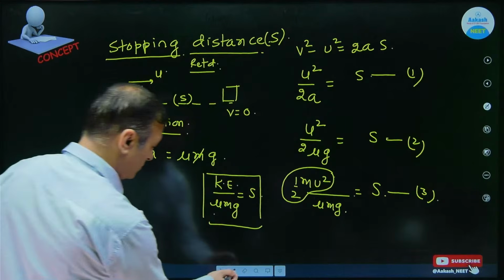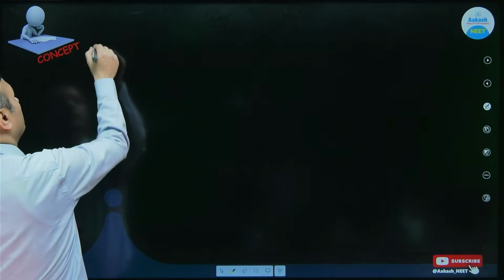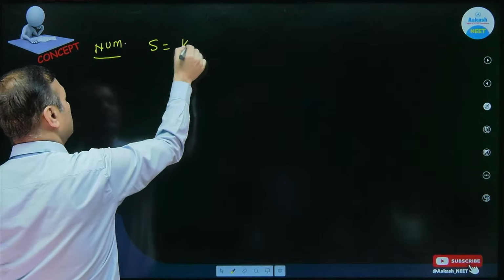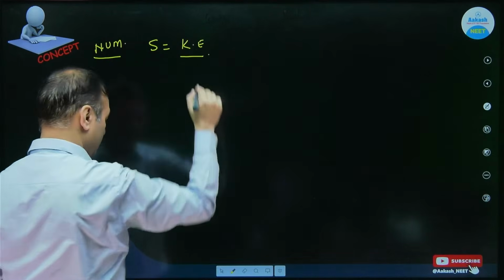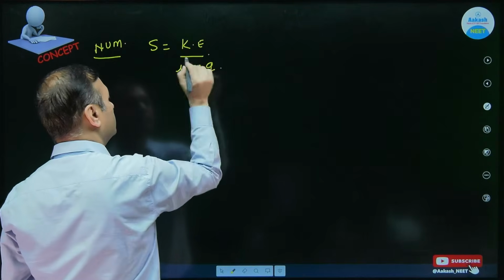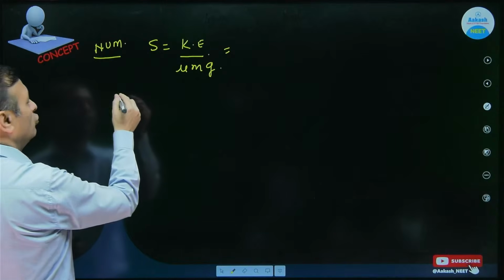Let's define one numerical. Stopping distance is basically kinetic energy by mu mg.